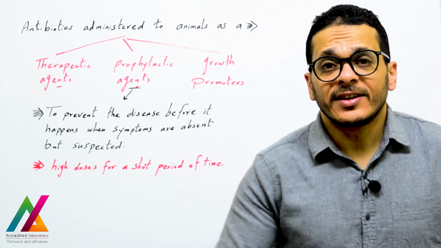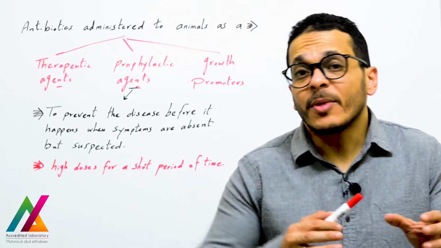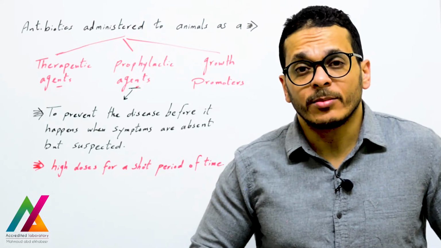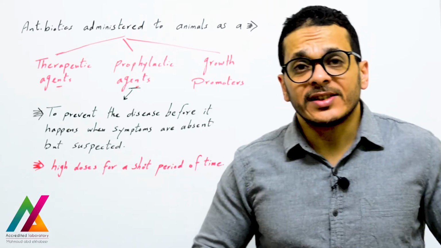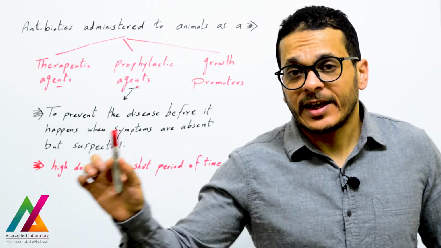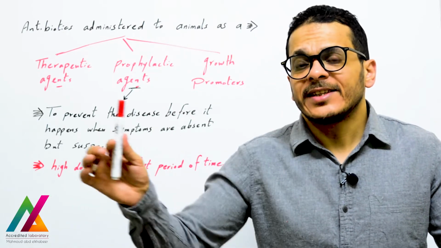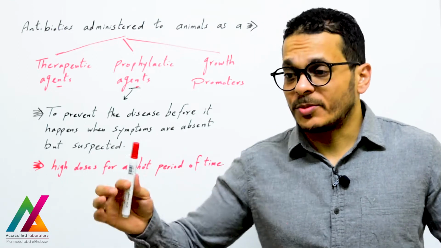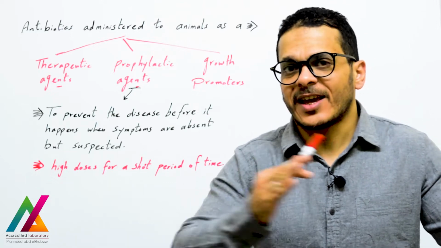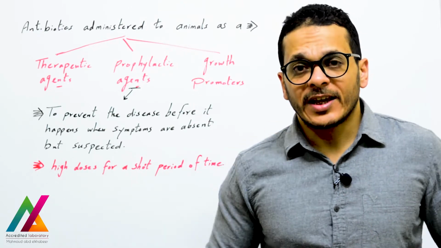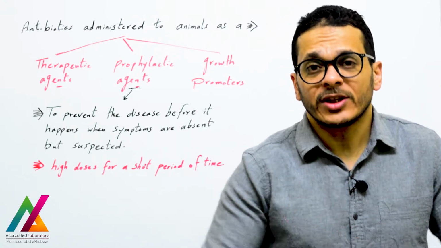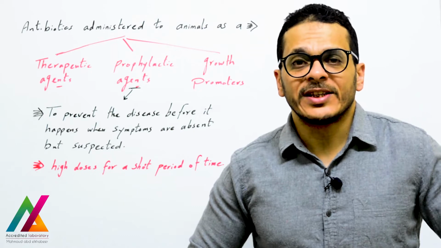When the veterinarians suspect that a disease may happen to the animals, or a specific type of bacteria may be transferred to the animals, or during the change of seasons, or because of the weather, or if there are animals in a farm beside their farm and these animals had a specific disease or specific type of bacteria, they will be afraid that this type of bacteria will also be transferred to their animals, so they will give the animals a cocktail mixture of antibiotics to protect the health of these animals.